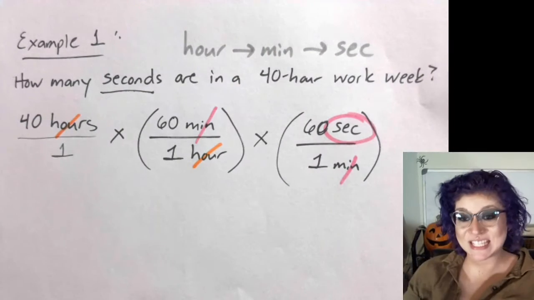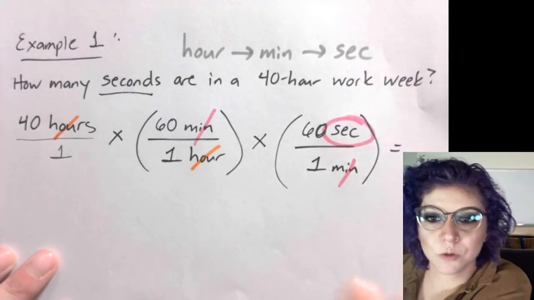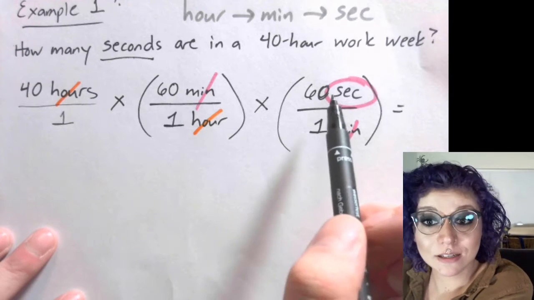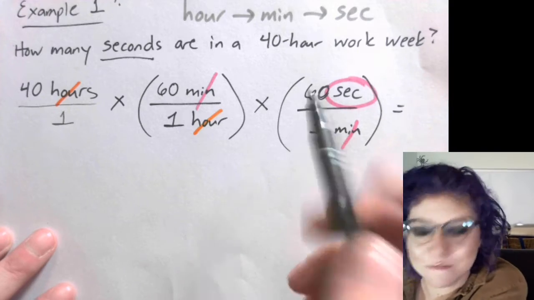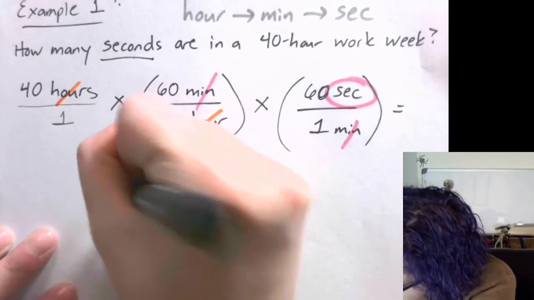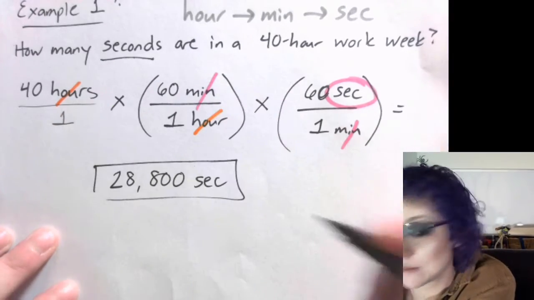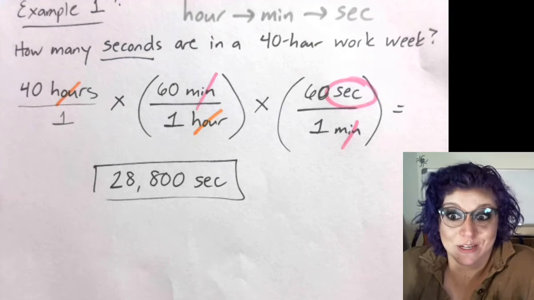I'm left with seconds. So now what I have is 40 times 60 times 60, which is 28,800 seconds.